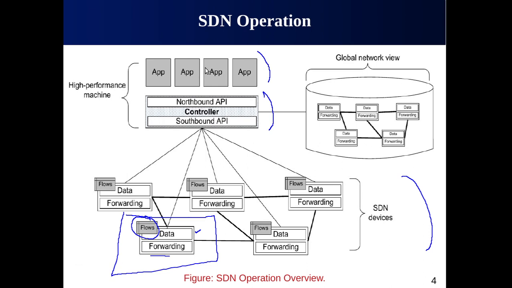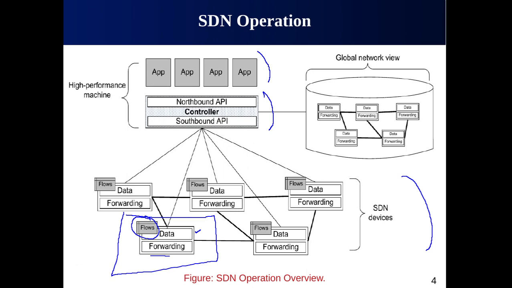The controller allows the SDN applications to define flows on these devices and also helps the applications respond to the packets which are forwarded to the controller by the SDN devices.